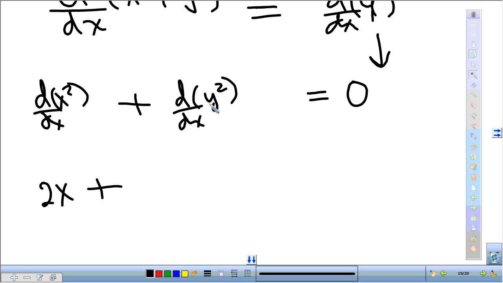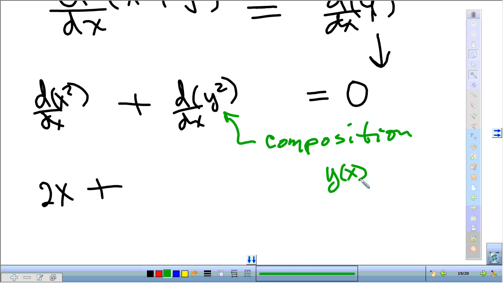We have to be a little carefuler with the derivative of y squared, because it's really a composition in this setting. It's y depending on x, which we haven't solved explicitly, but it's implicit, a function of x.